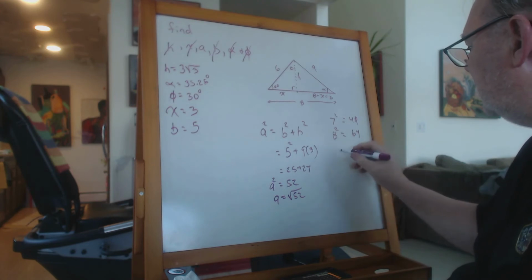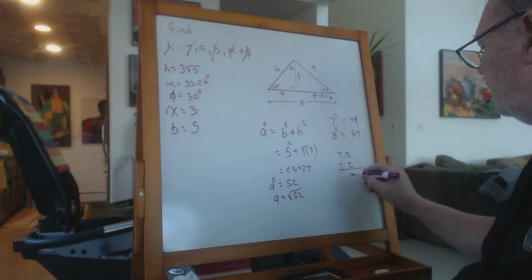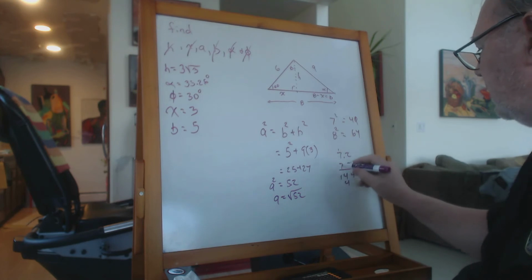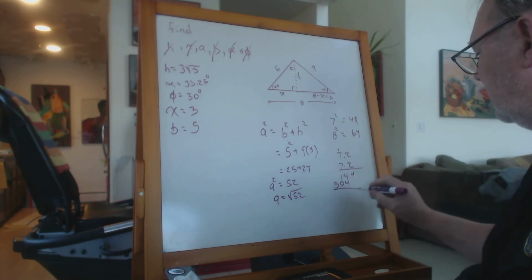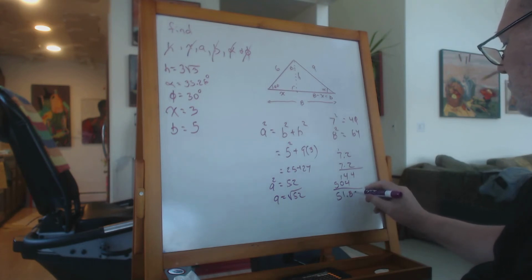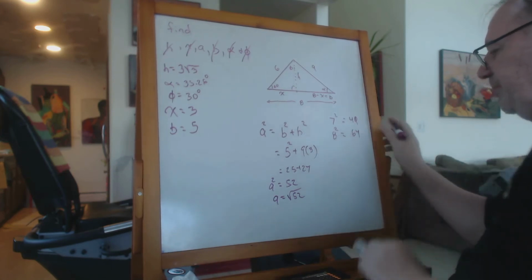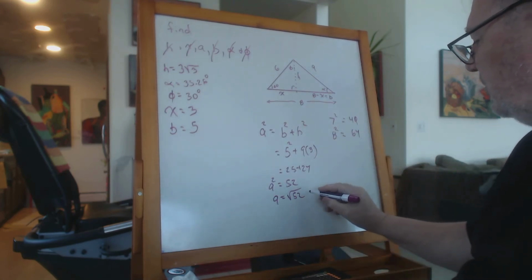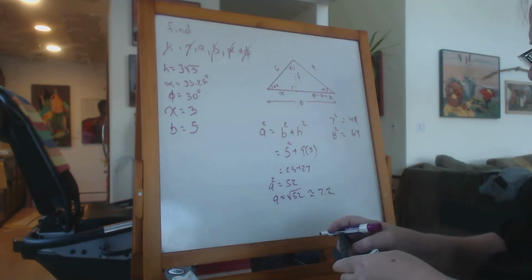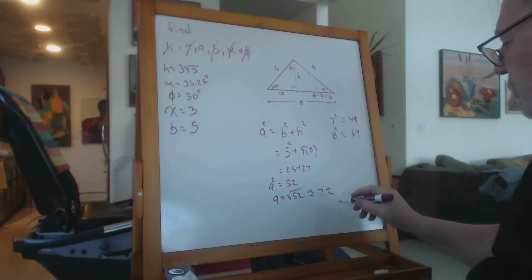Let's see where that lands us. 7.2 squared is 51.84, getting close. So it's 7.2 something. So A is approximately 7.2. Let's see what it is exactly. The square root of 52 is 7.21.